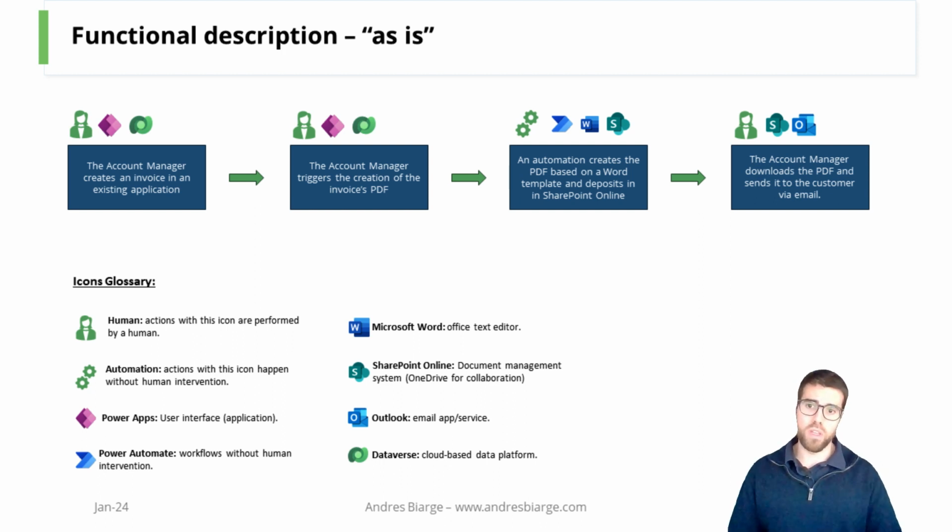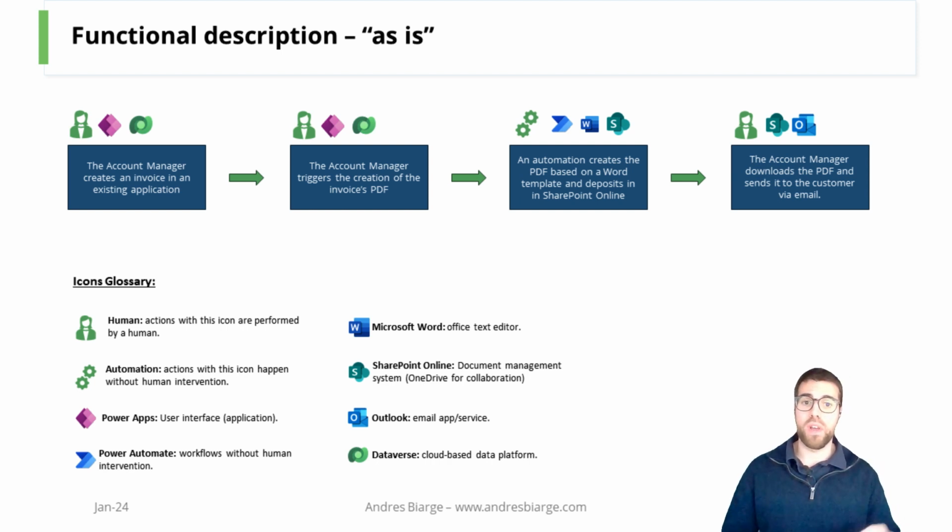At the bottom, you can see the icons glossary where I explain all the moving pieces that have a part in this process. First, we have to identify which parts of the process are actuated by a human or are completely automated.